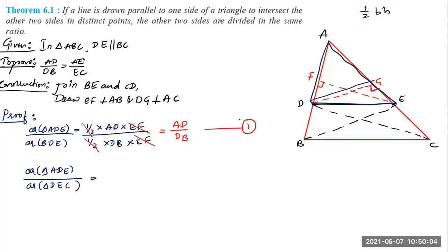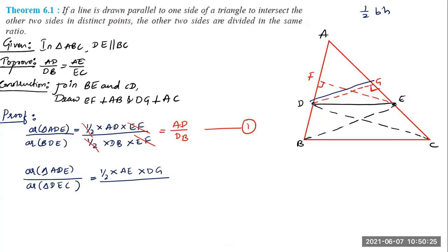In that case, the base is AE. So it is 1/2 into AE into DG, divided by the DEC triangle.